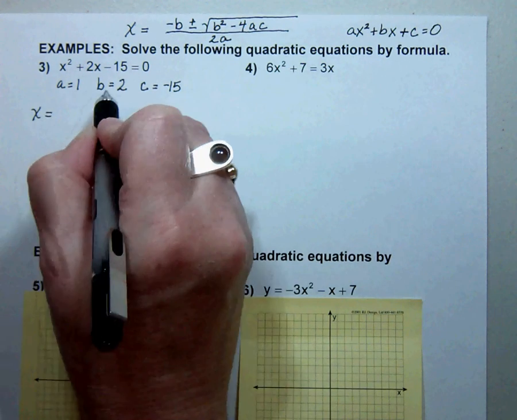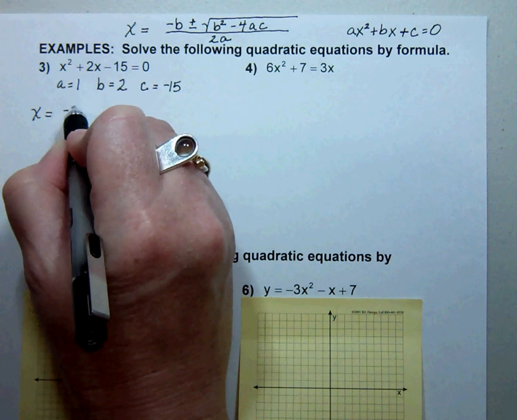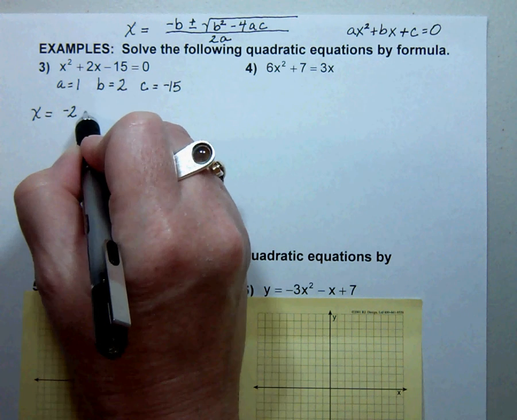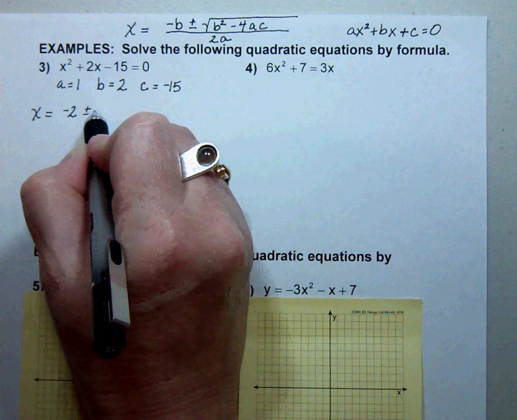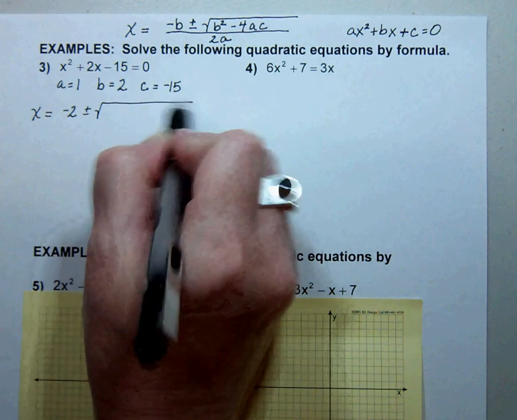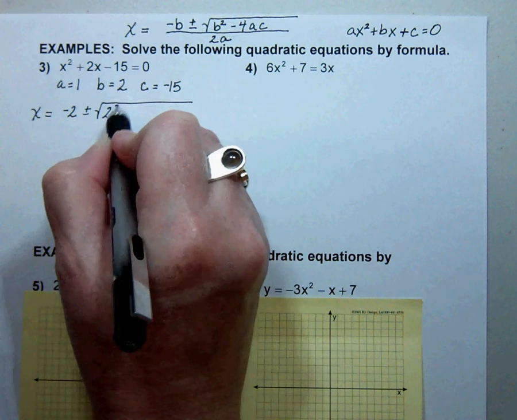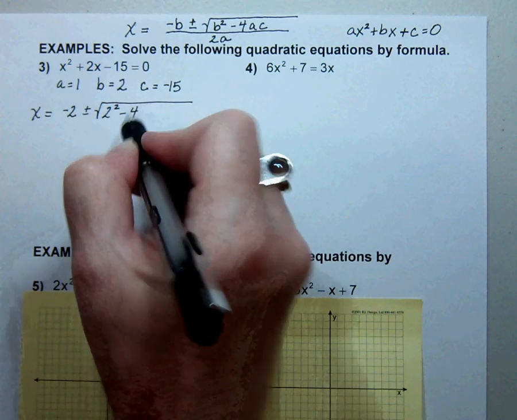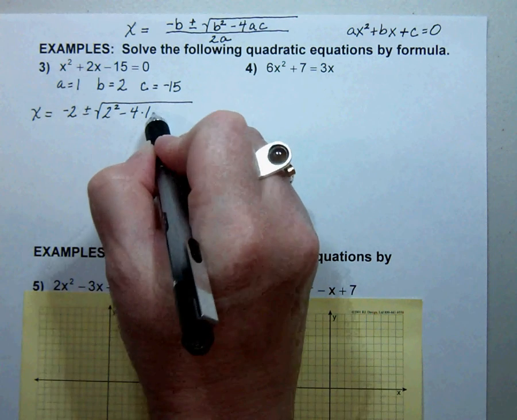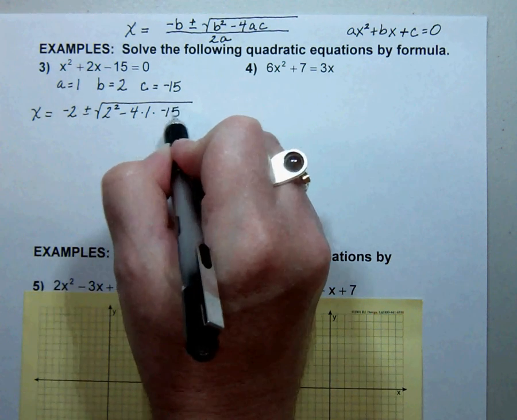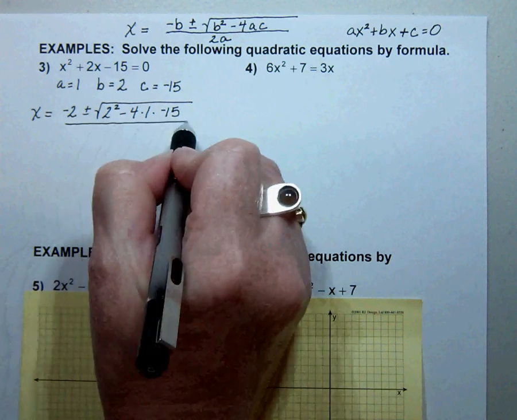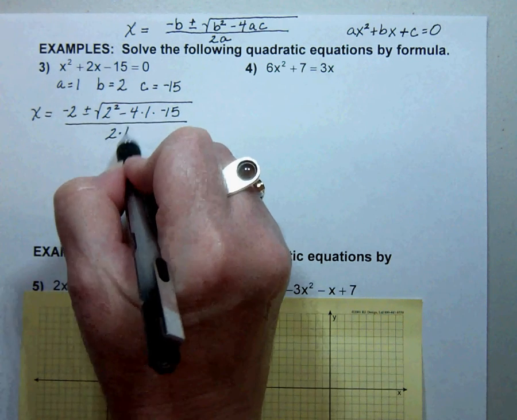If you do the opposite of b on this first one, it's going to be negative 2. And then plus or minus, don't forget the square root. You're going to square your b term, minus 4, times your a term, times your c term. And then all divided by 2a. In this case, it's just 2 times 1.